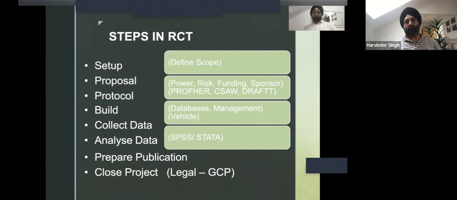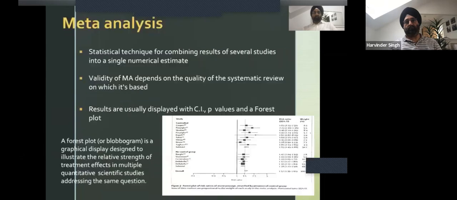You build the study, collect the data, analyze the data, and then publish it, ultimately closing the project based on GCP guidelines. These big trials like the PROFHER study or the SEESAW trial took years to establish and then study, but they led to high quality publications.